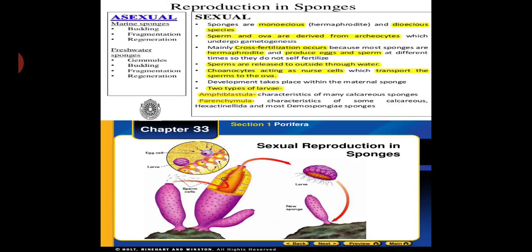And on the bottom side of this slide, you observe sexual reproduction in sponges shown in picture, and it is the same phenomenon which I explained earlier, that the sperms and ova are released from the body of a sponge through the bigger opening called osculum, and if they unite together they fuse to form a zygote, and that zygote develops into an embryo, and that embryo develops into a larva, and that larva swims for a short while and attaches itself to a suitable substratum and develops into a new sponge.